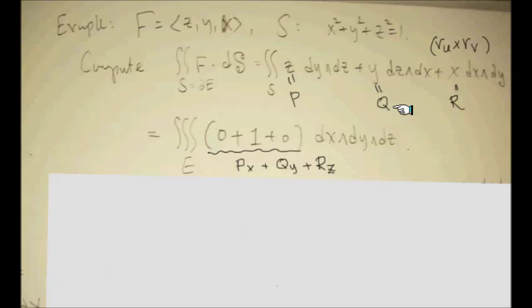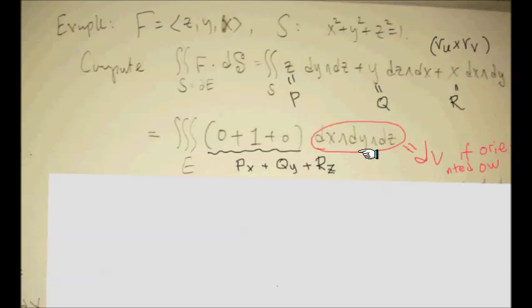This surface integral of the vector field is equal to this triple integral of the scalar function Px plus Qy plus Rz, which sums up to one quantity, with dx wedge dy wedge dz. And if S is outward oriented relative to the solid E, this dx wedge dy wedge dz is equal to dV.